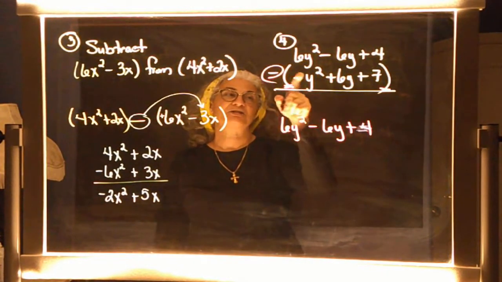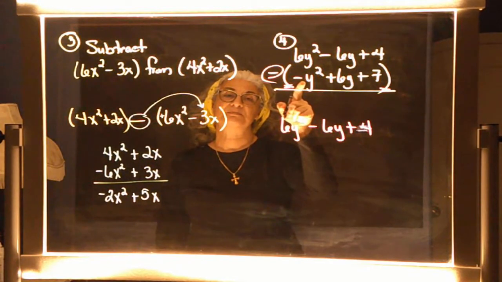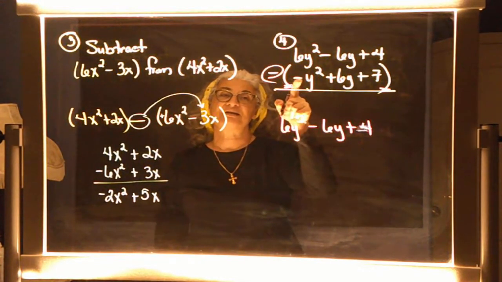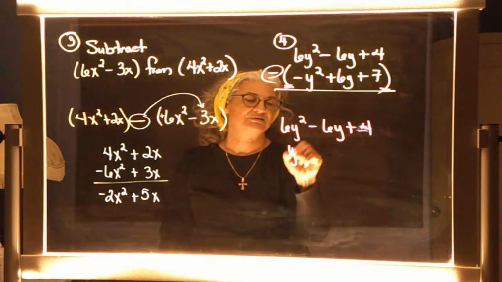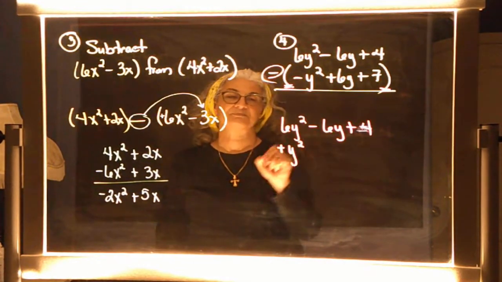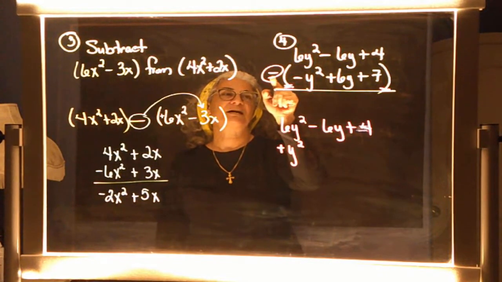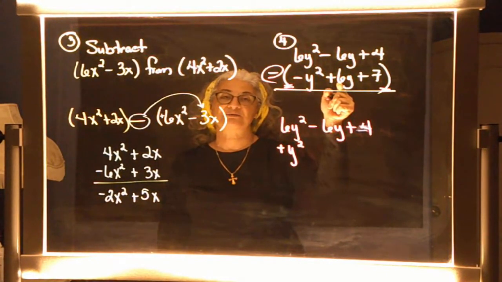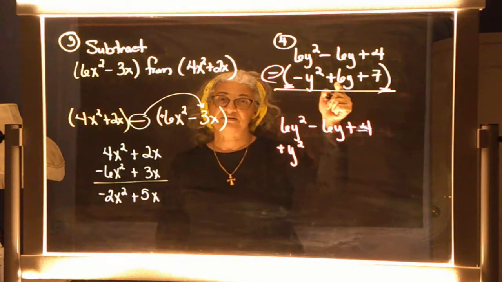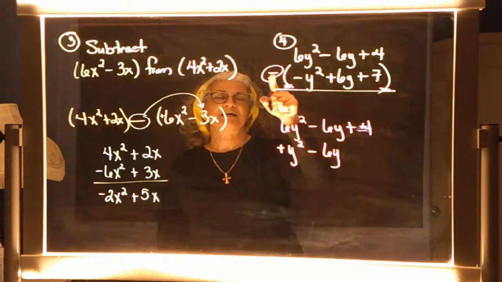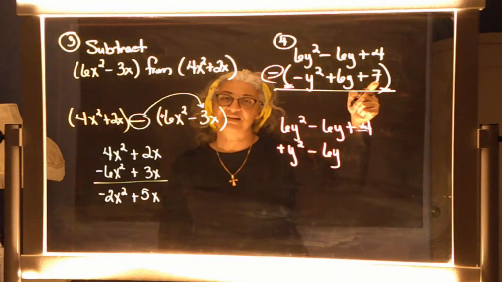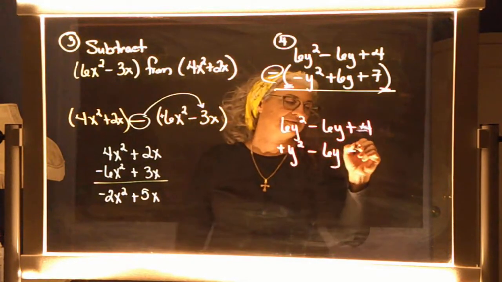This minus sign, it goes with the first term. So when you're minusing a negative, or minus a minus, makes it positive, right? And this minus sign also goes to this positive 6y, which makes it a negative 6y. And this minus sign going to a positive 7 makes it a minus 7.